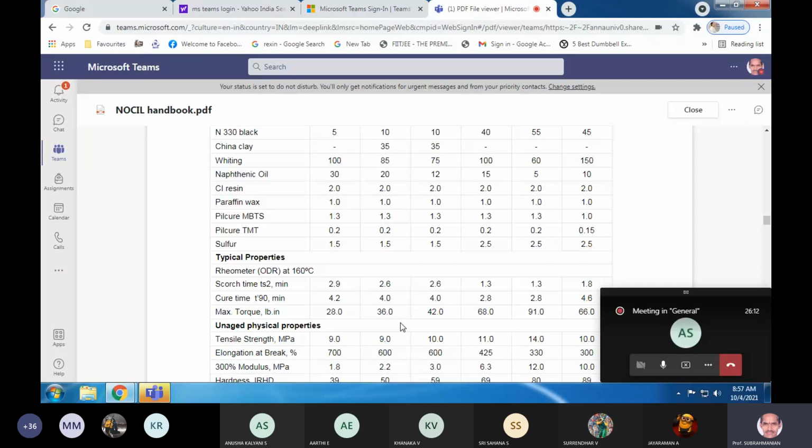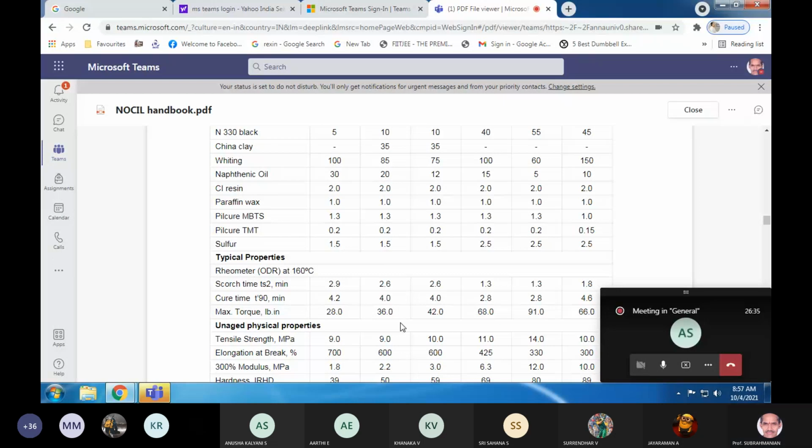Internal mixer, last class we said one can follow the mixing time, the dump temperature, and the energy of mixing. All right? What is special about the internal mixer? There are two gains. Make a note. Two gains.